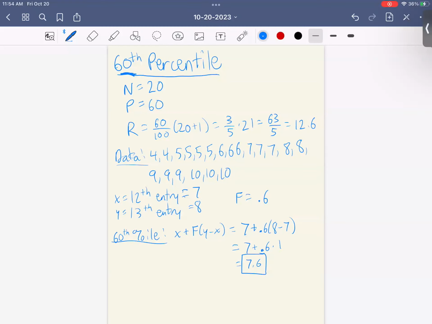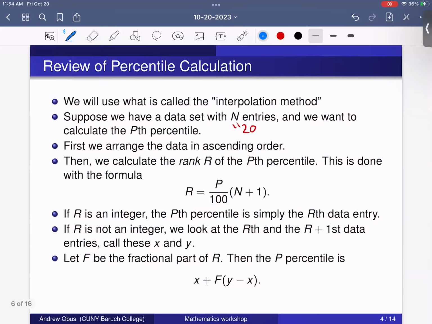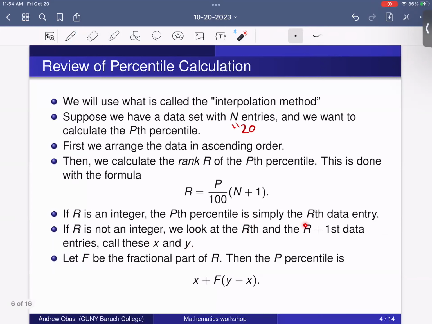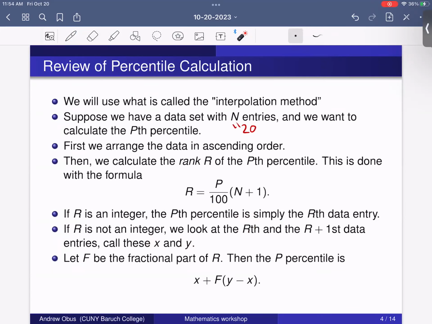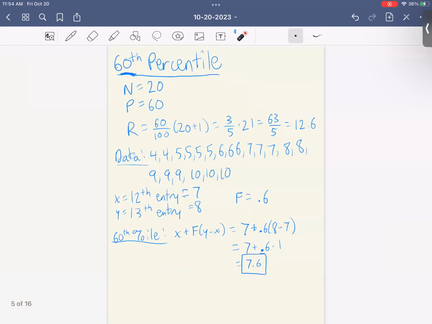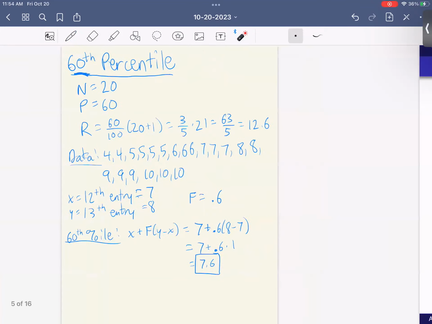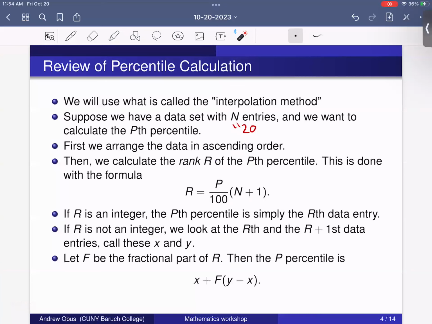Right. If you look at the method here, what I called X is the rth data entry, and Y is the (r plus first) data entry. We calculated this r, which was 12.6. Sorry, when I say the rth and the (r plus first), I should say r is rounded down. I forgot to say that.